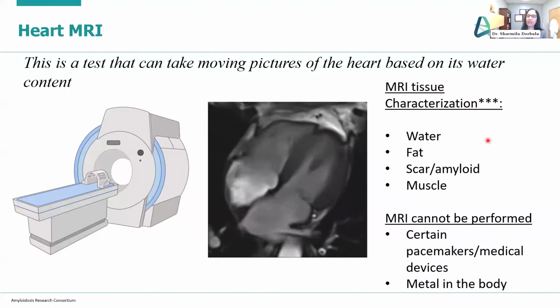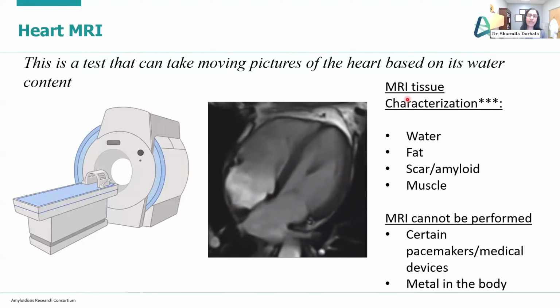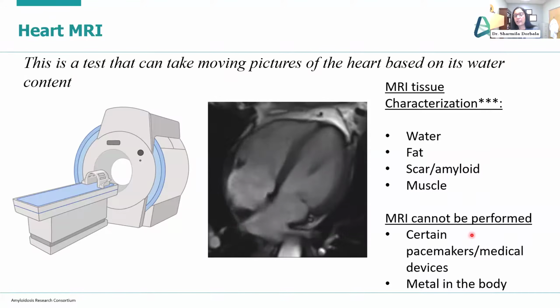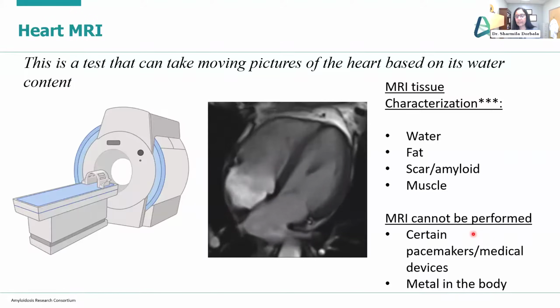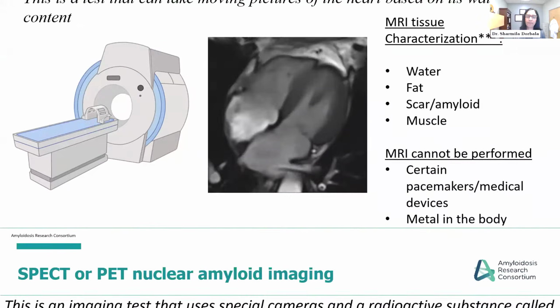So basically, using this test, we have additional advantages of being able to characterize the tissue and, in the case in point, to characterize amyloid. Remember, MRI cannot be performed in people who have certain pacemakers or medical devices or metal in the body. So that is something to keep in mind.